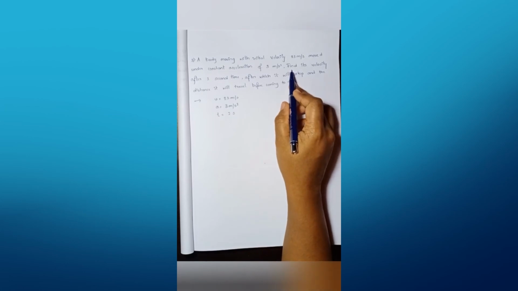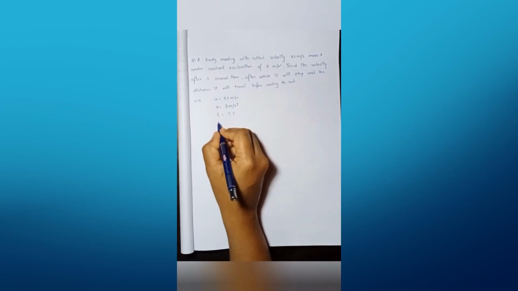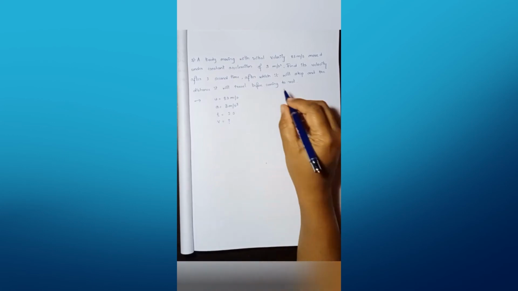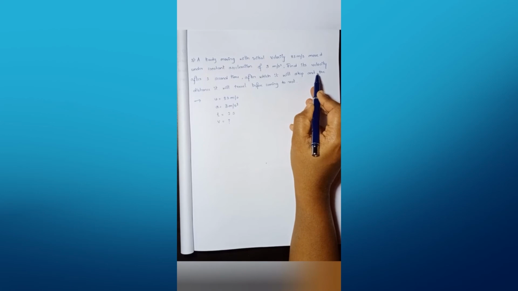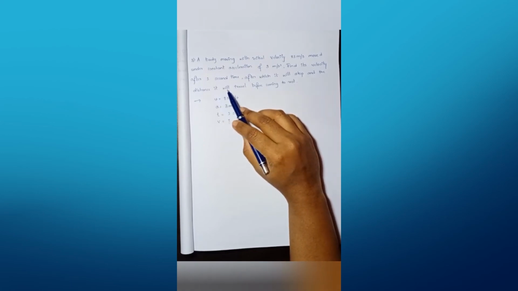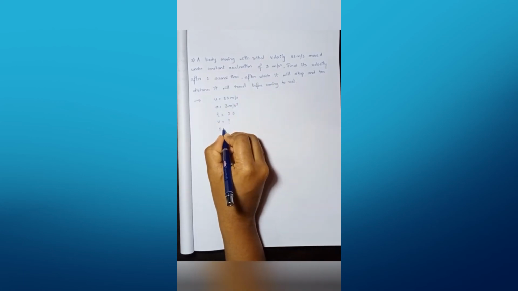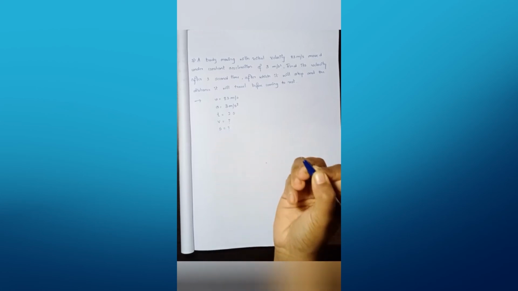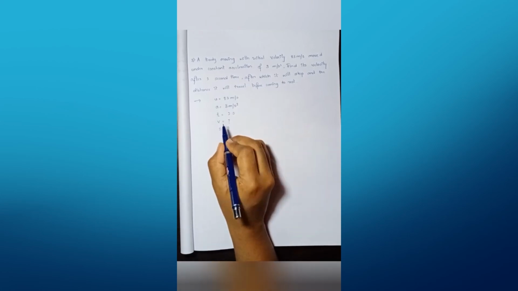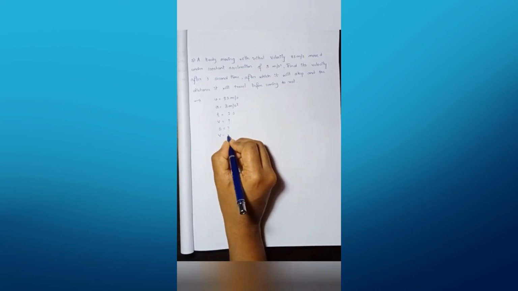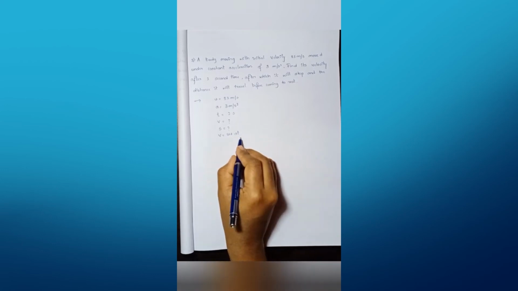So what they have said, find its velocity, that is final velocity we have to calculate, and next, the distance it will travel before coming to rest. They have asked the distance also, yes, we also have to calculate. So first we'll calculate the v. Okay, v is equal to u plus at. This is the equation of motion.